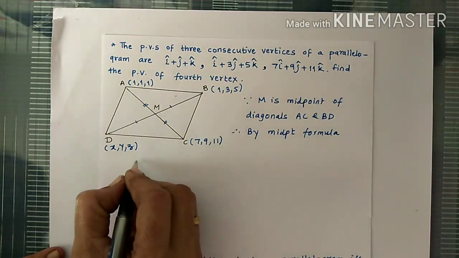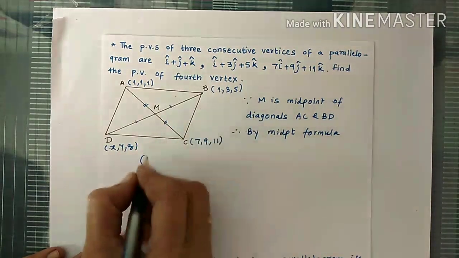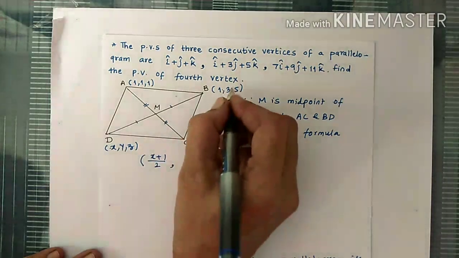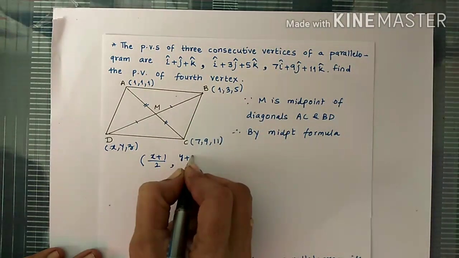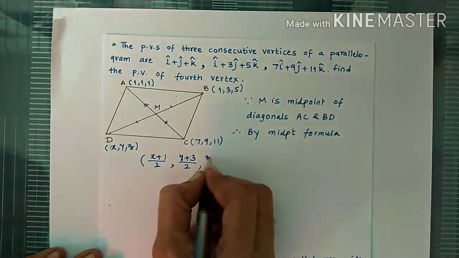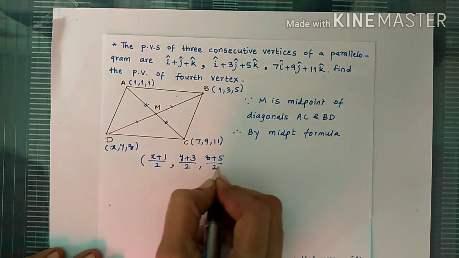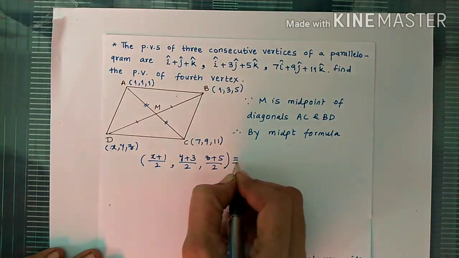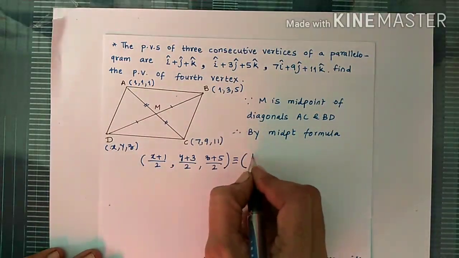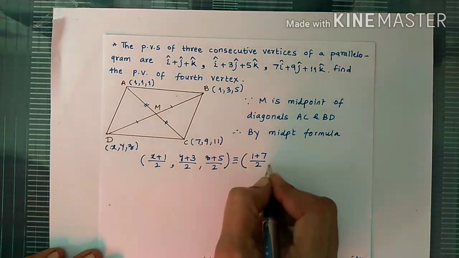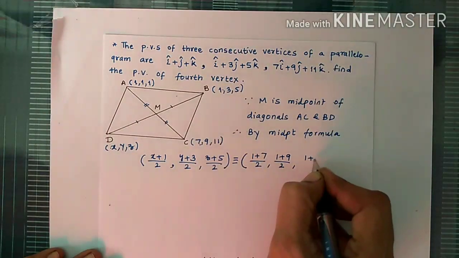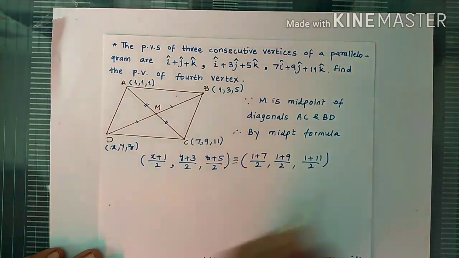So midpoint of BD is x plus 1 divided by 2. Y coordinate is y plus 3 upon 2. And Z coordinate is z plus 5 upon 2. So this is midpoint of BD. And it is same as midpoint of AC, which is 1 plus 7 divided by 2, Y coordinate is 1 plus 9 upon 2 and 1 plus 11 divided by 2.